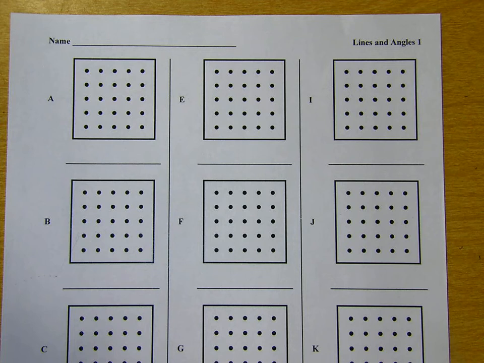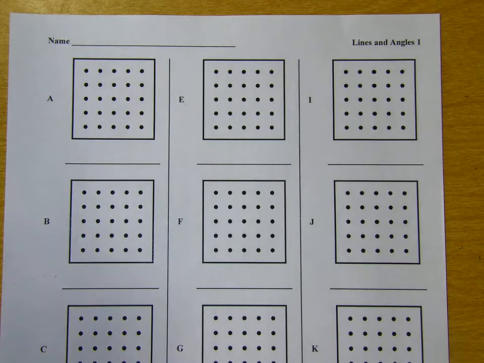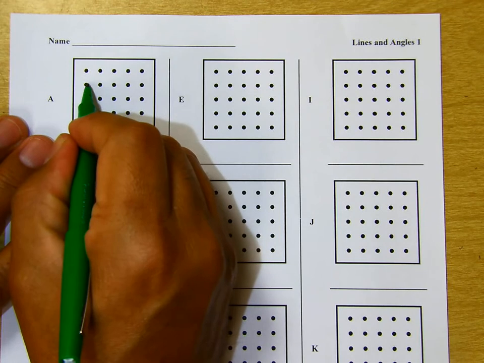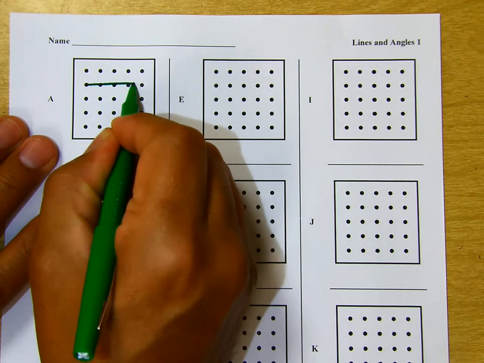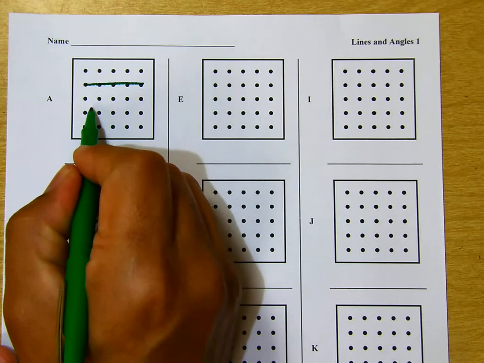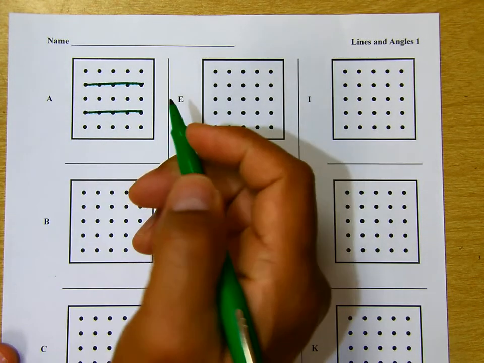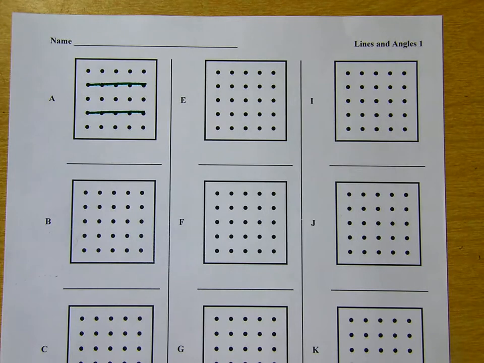So we're going to draw some parallel lines, and then we're going to write the parallel lines. So first we have to make parallel lines here. If I go from this point all the way to that point, that is one line. And if I go from this point to this point, there's 2 lines. So those are 2 parallel lines.